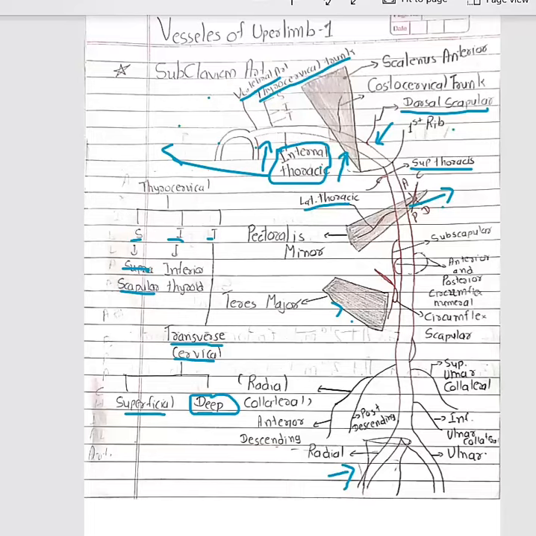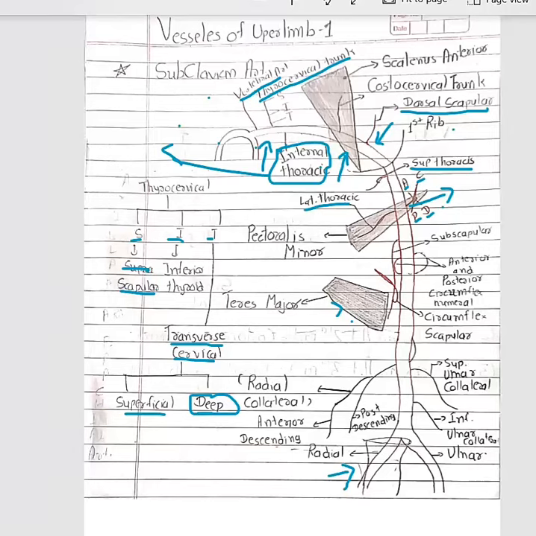It has four branches: A, P, C, D. Like A, B, C, D, so it is easy to remember. A means acromial branch, P pectoral branch, C clavicular branch, and D deltoid branch.